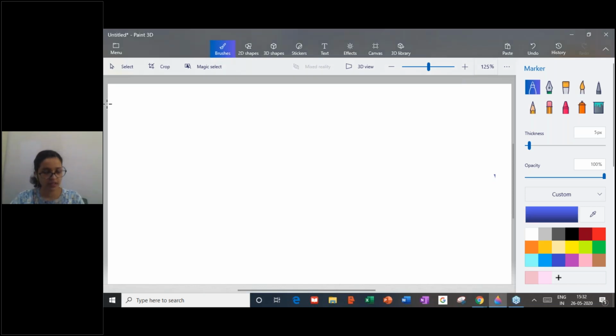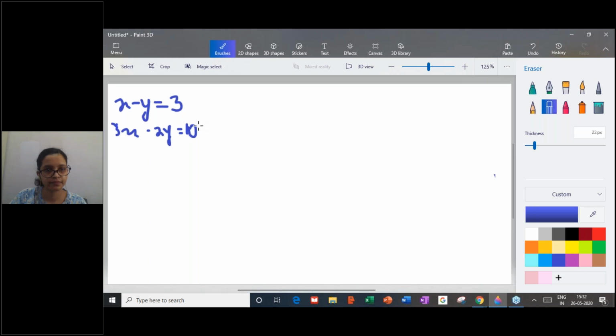What is the first equation? x minus y is equal to 3. Correct? And 3x minus 2y is equal to 10. This is equation 1 and this is equation 2. Right? So now you multiply.